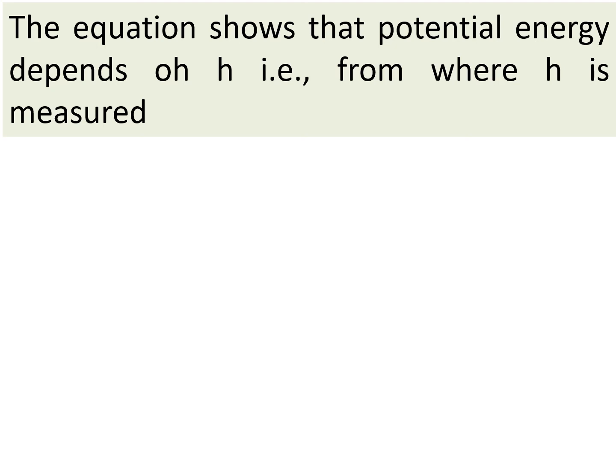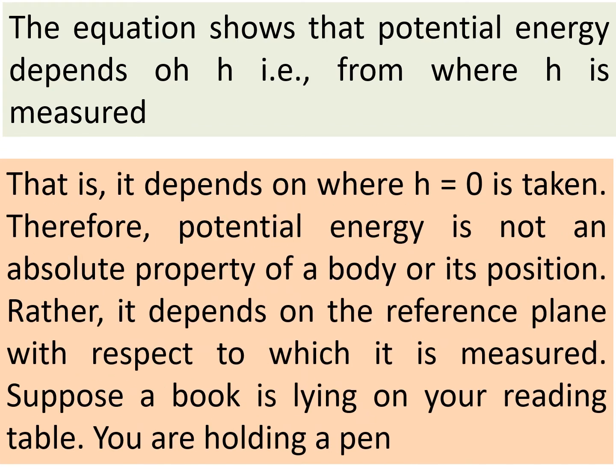That means height from where h is measured. That is, it depends on where h equal to 0 is taken. Therefore, potential energy is not an absolute property of any body or its position. Rather, it depends on the reference plane with respect to which it is measured.